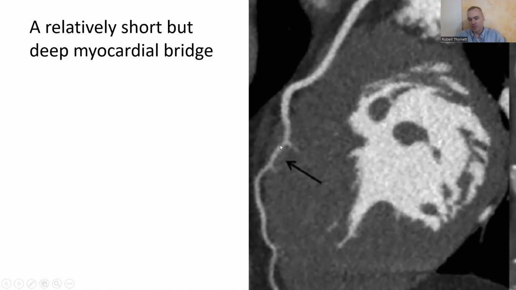And that's kind of the point I was trying to make earlier. It can be short, sometimes 1 centimeter, 1.5 centimeters, but if it's sharp like that, see that angle is very steep. It's a very sharp angle. That's getting crushed hard every heartbeat and can cause a lot of pain, a lot of shortness of breath, faintness, all the kinds of symptoms that everybody has.